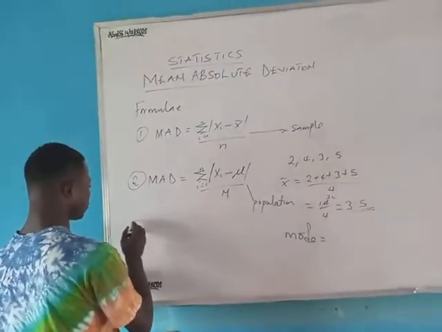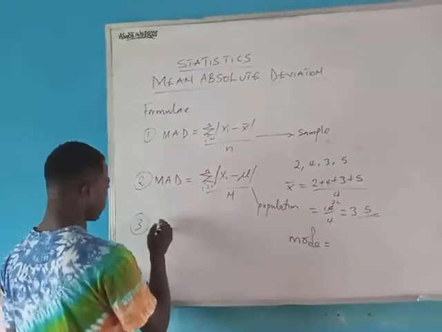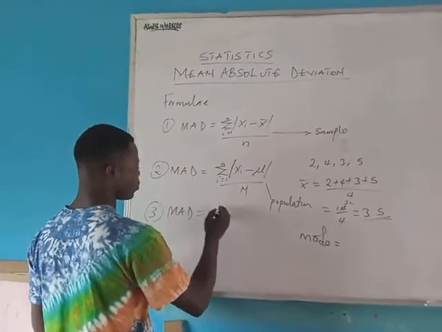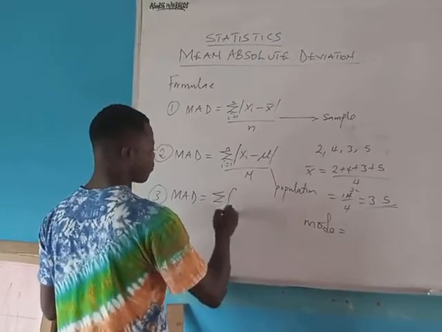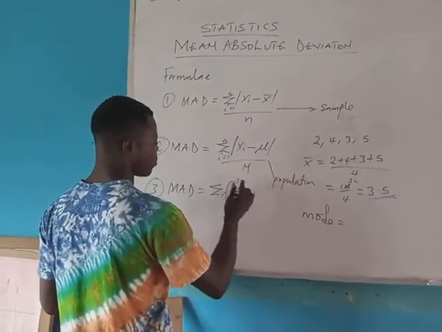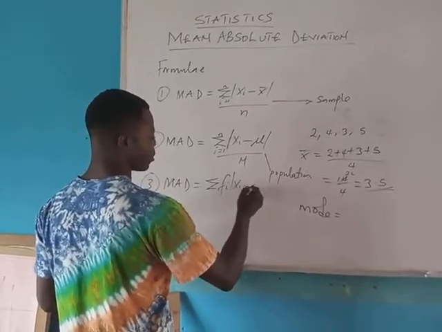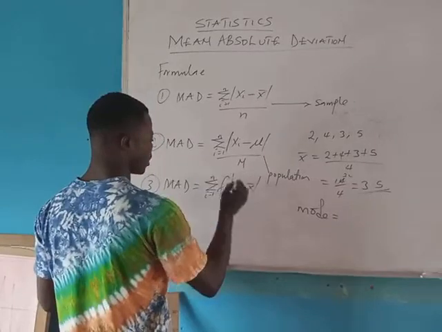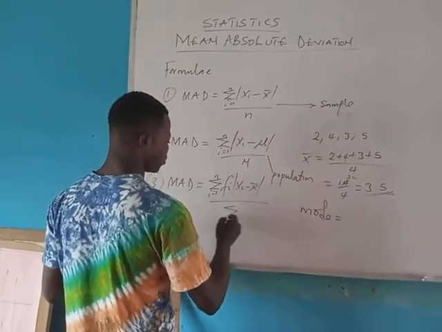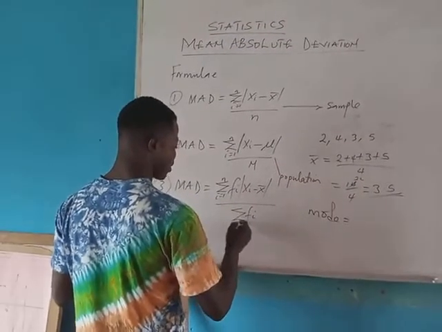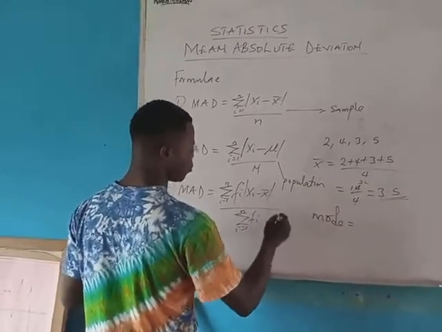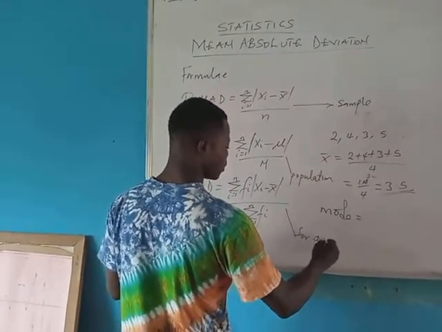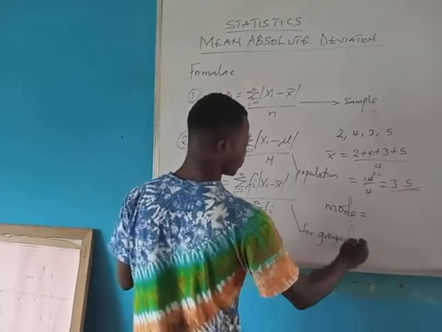Then we also have another formula: mean absolute deviation equals the summation of fi times the absolute value of xi minus x bar, with i from 1 to n, all over the summation of fi, with i from 1 to n. This one is for grouped data.